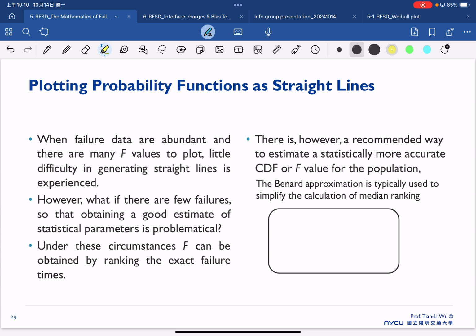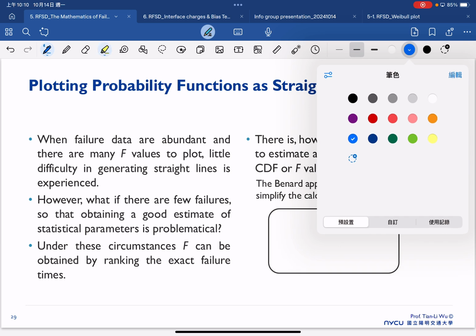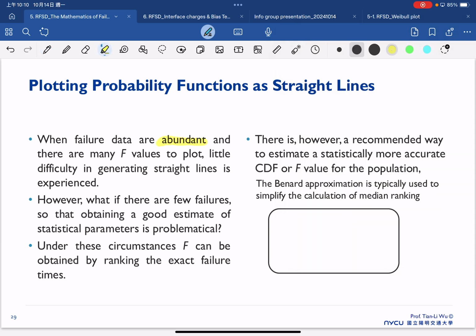So another thing we need to consider is when we have a lot of failure data. So we have to plot many capital F values. These will have very much difficulty in generally generating a straight line.